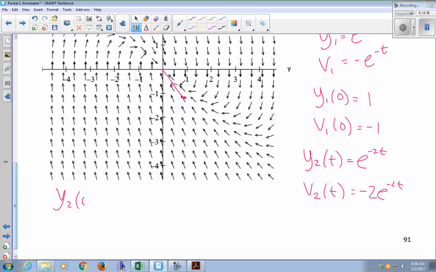So y2 of 0 is 1, and v2 of 0 is negative 2. So I have a new initial condition, 1, negative 2, position velocity. Here's my initial condition. Use another color. And I follow the arrows in towards the origin.